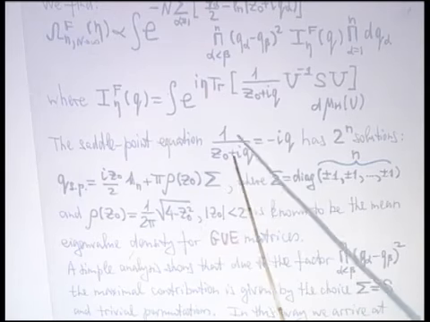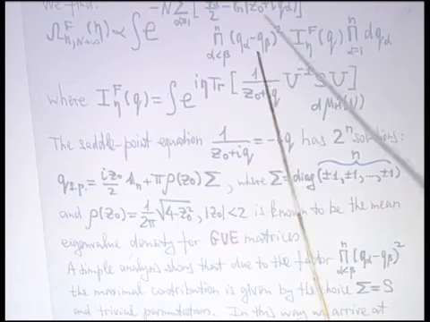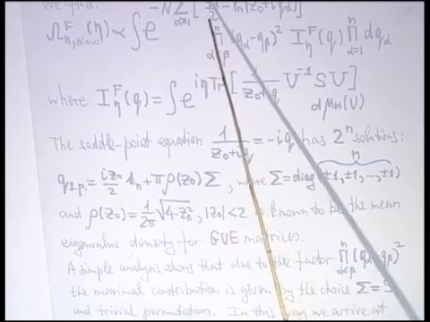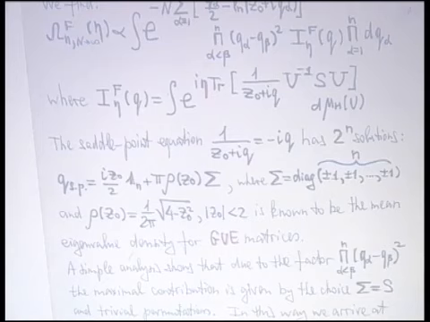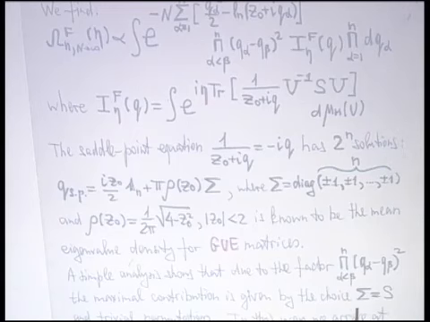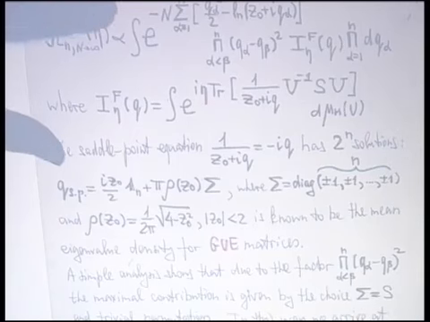The saddle point equation is found if I just take the derivative of this and set it to 0. Here it's written. And for each q alpha individually, it has two solutions. So altogether, for all small n variables, we have 2 to the n solutions, 2 to the n relevant saddle points to be considered.